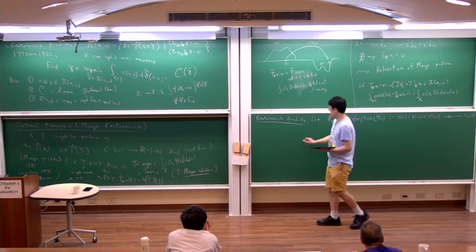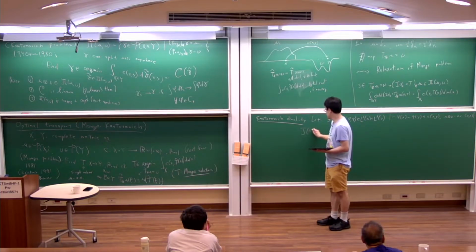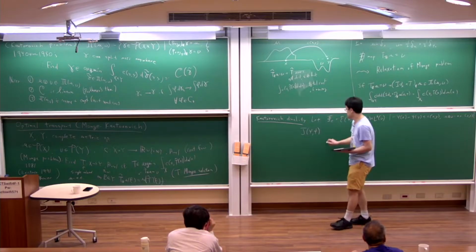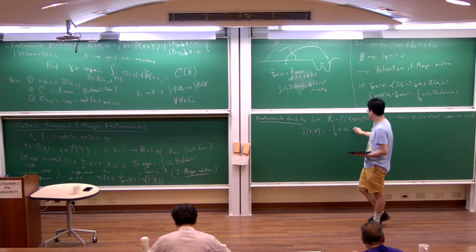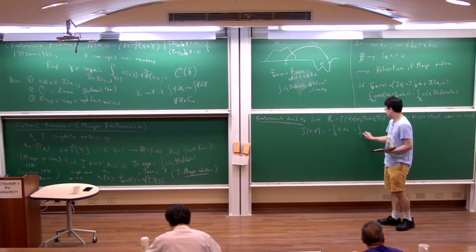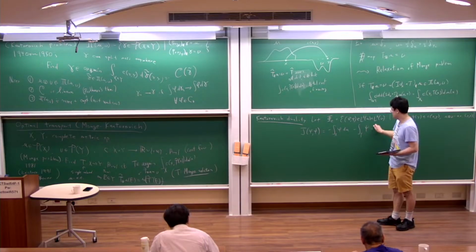Then let me define this functional j of a pair phi psi. So this is simply minus the integral of phi over x against mu minus the integral of psi over y against nu.